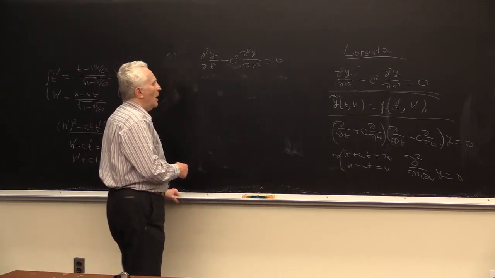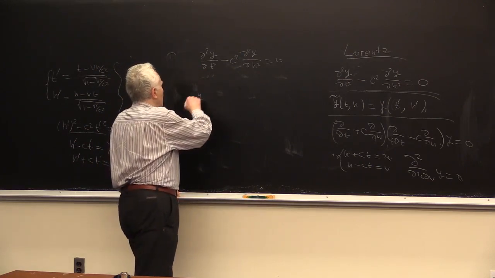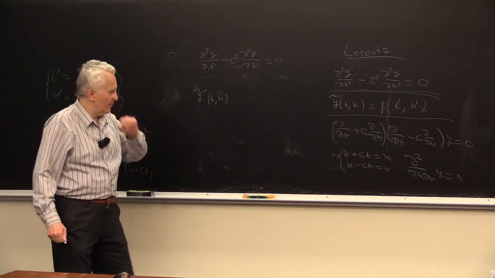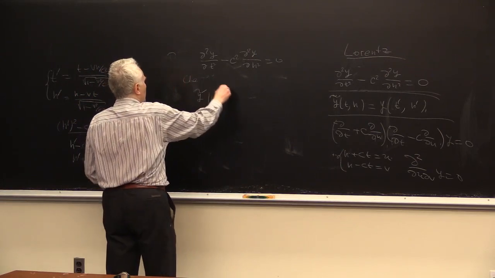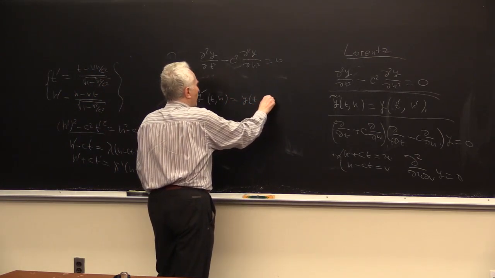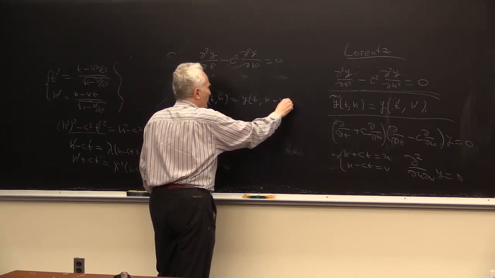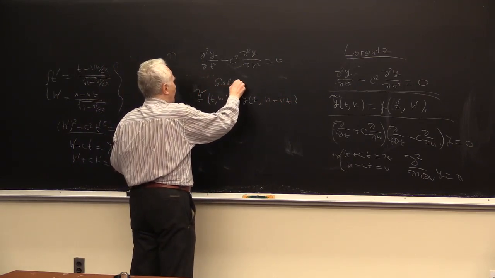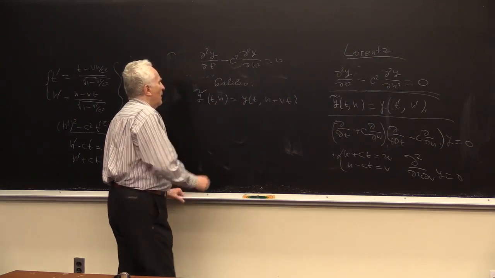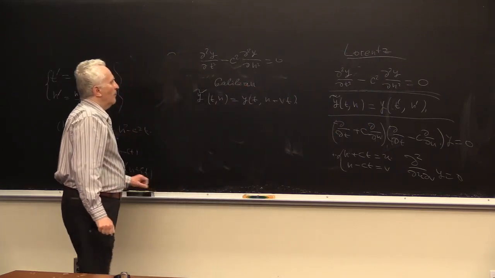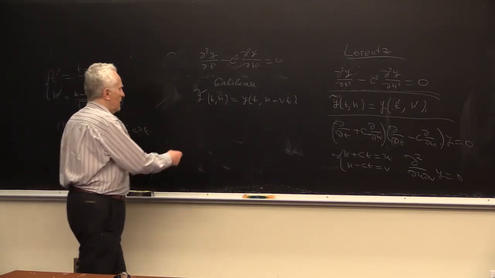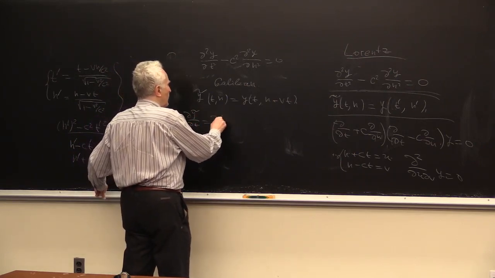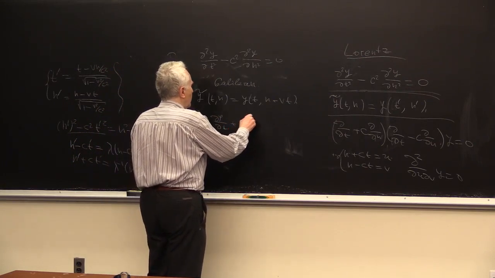Now, what would be the Galilean symmetry and how to check this? So what is y tilde for Galilean? It's t, n plus vt. Yes. Well, if you like. Okay. Then let's check it. dy/dt is dy/dt plus v dy/dn.